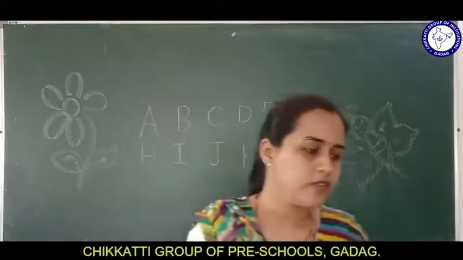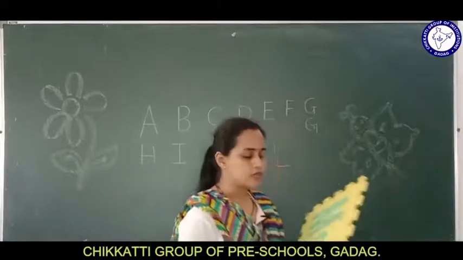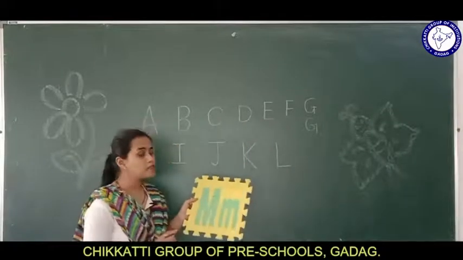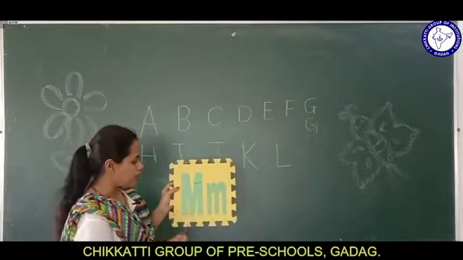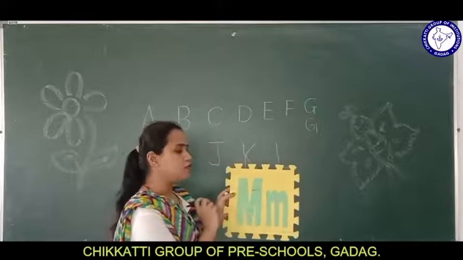So here we go for the next alphabet, which is M. So M for what? Can you tell me? You know, I guess, right? M for monkey, right? So here M for mouse. It looks like a little mouse, right? So what is that? It's an M. How to write M?